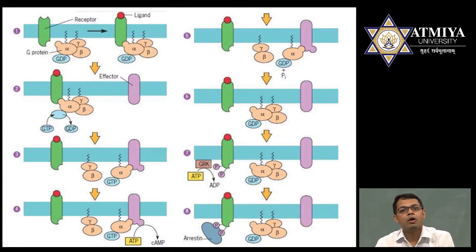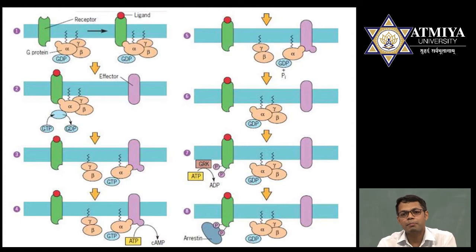So overall, in all these diagrams you have observed that the receptor is present, the G protein is present, and the effector, that is adenylyl cyclase, is present, but all are in the inactive stage. If a ligand binds to the G protein coupled receptor, certain conformational changes occur in the receptor. Due to the conformational changes, GDP will be replaced by GTP.